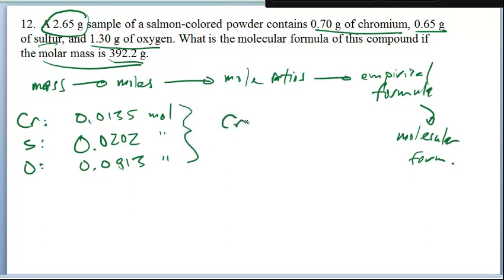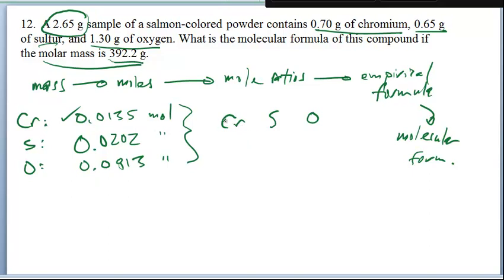So that's CrSO. Now, I'm going to do a little shortcut here. Rather than writing each of the number of moles down here as subscripts, first let's just figure out which one of these is the smallest number. Okay, the chromium is the one that has the fewest, so we're going to divide all of them by 0.0135.